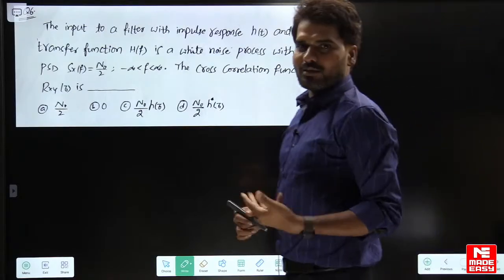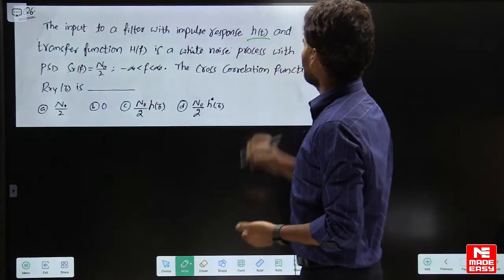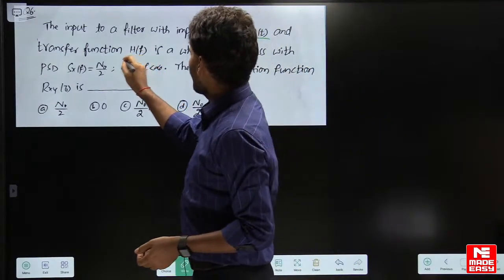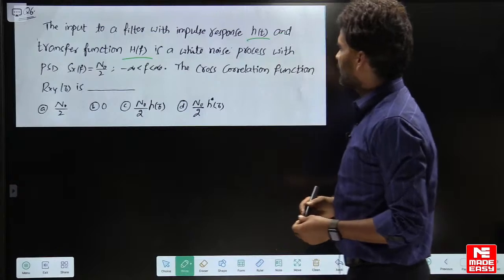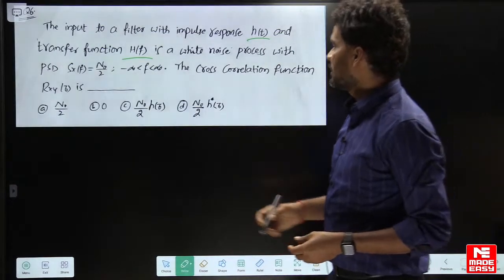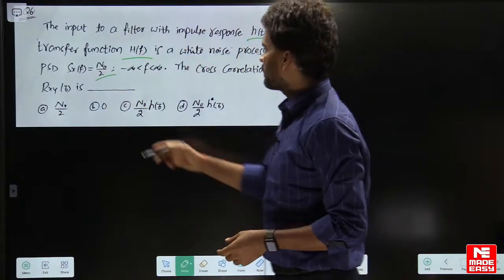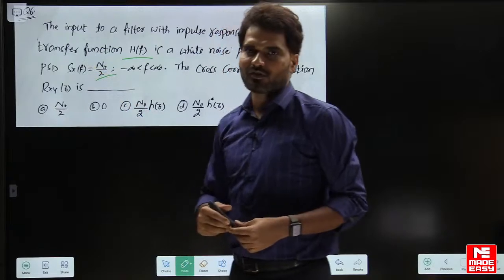The input to a filter with impulse response ht and transfer function hf is a white noise process with power spectral density n0 by 2. The power spectral density is denoted with Sx of f here.